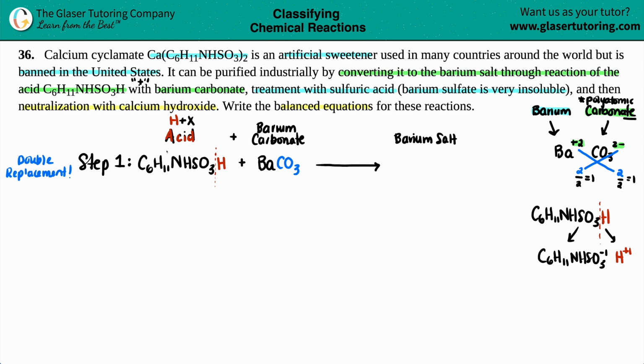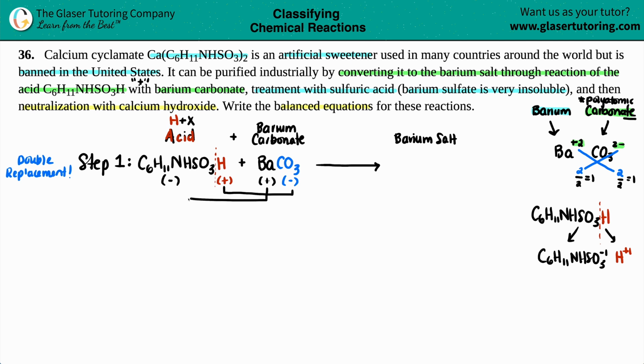So now, when you're mixing this with BaCO3 with double replacements, generally speaking, outers go with outers, inners go with inners. But for this one, no matter if you do outers and outers, it's always the new positives go with the new negatives. So if this is the negative and the H is the positive, and when we did the barium carbonate, the barium was the positive and the carbonate was the negative, the positives go with the negatives.